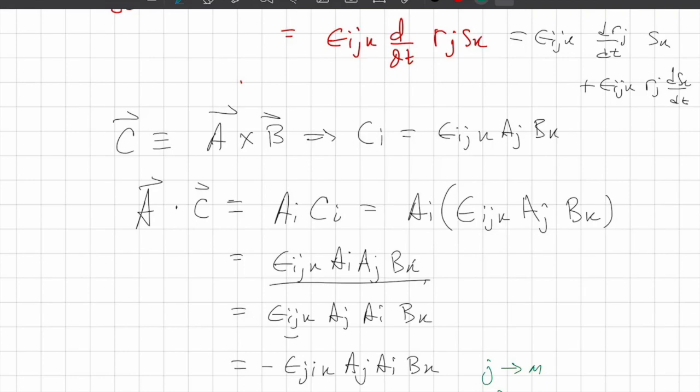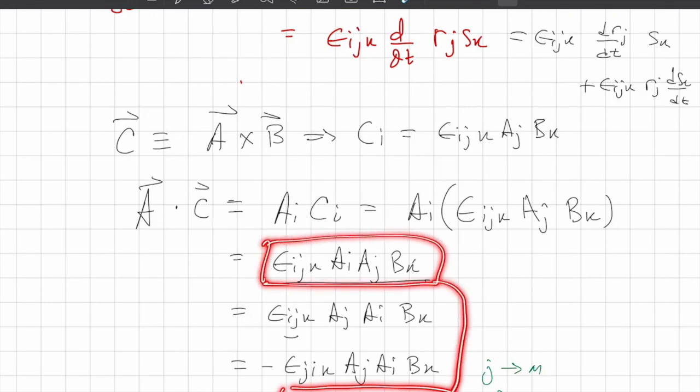Now, why did I do that? Because I wanted to help us see that this line and this line are the same. Do you guys see that? It's a sum here, a sum here, a sum here, a sum here, a sum here, and a sum here.